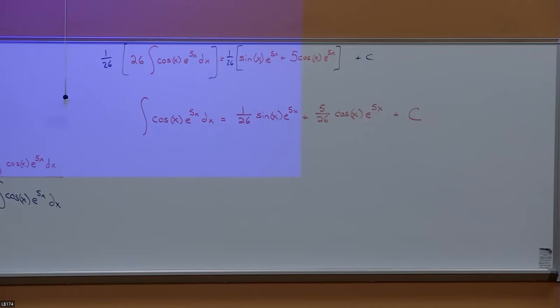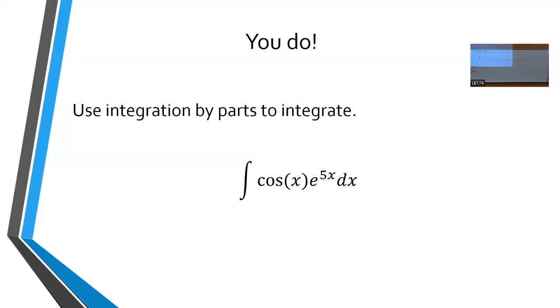Now, there are some things you could do as well with integration by parts that are actually easier using other methods.